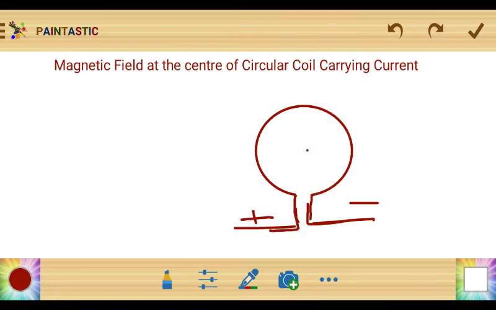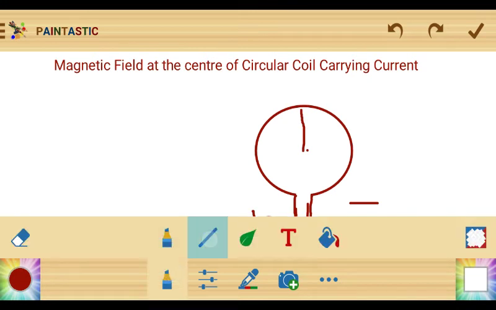Let us say the center is this, and from the center you can take a straight line, the radius of this circular loop.